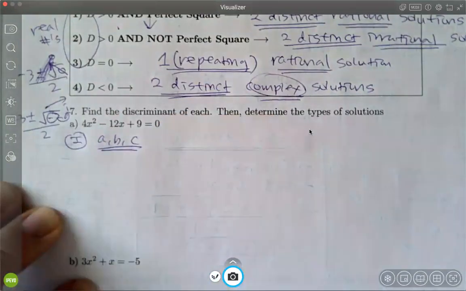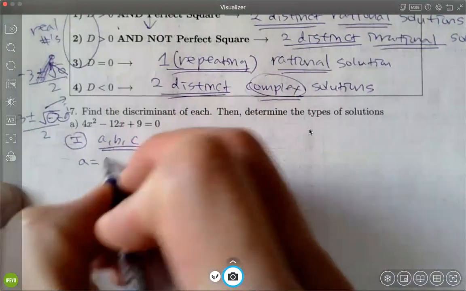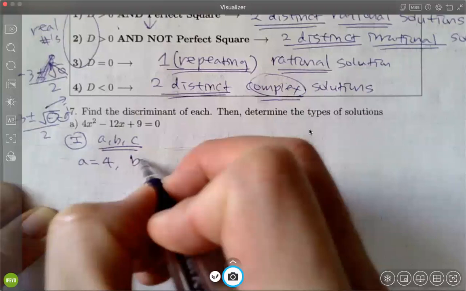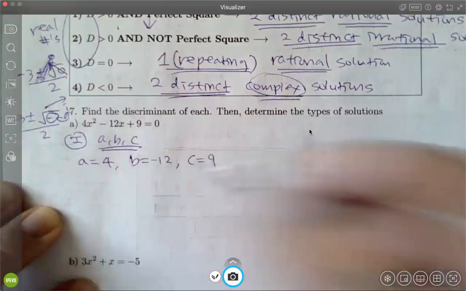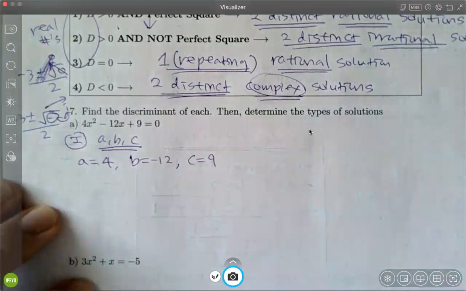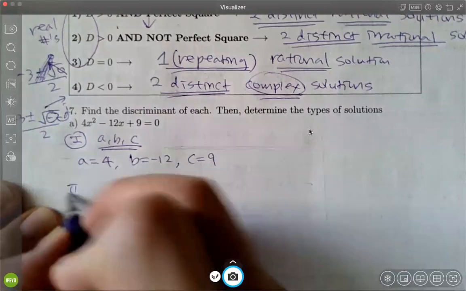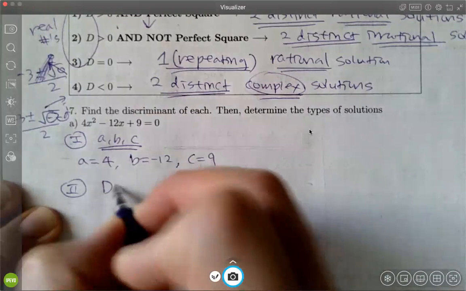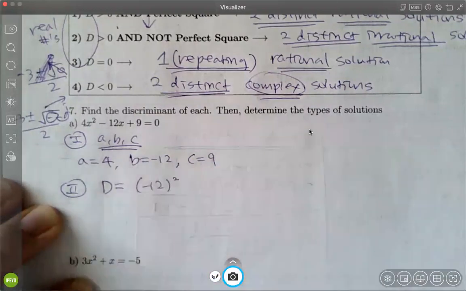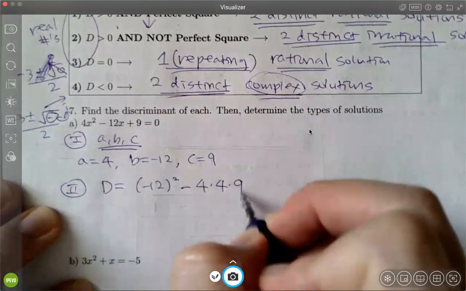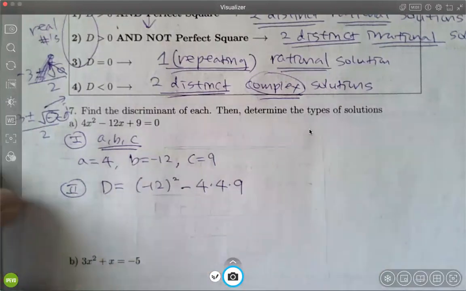So, number 1, let's find a, b, and c. Here, a is 4, right? And b is -12, and c is equal to 9. You see that? Yes. So now, the formula for the discriminant is b squared, so that's -12 squared, minus 4 times a times c, so 4 times 4 times 9.